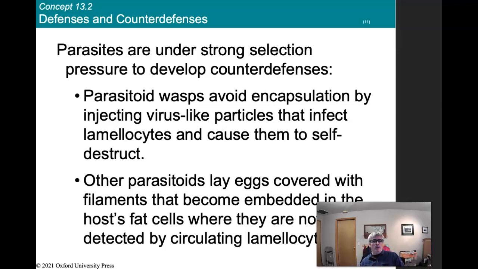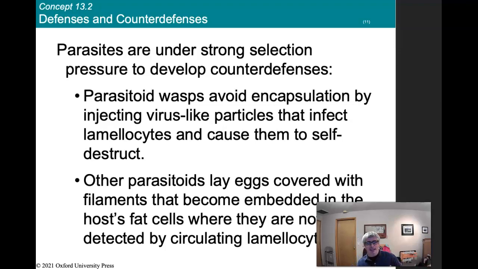So parasitoid wasps avoid encapsulation by injecting virus-like particles that infect the lamellocytes and cause them to self-destruct. Isn't that crazy? When a wasp is injecting its larvae into a host, for example, it's also giving it a virus that then destroys the lamellocytes.